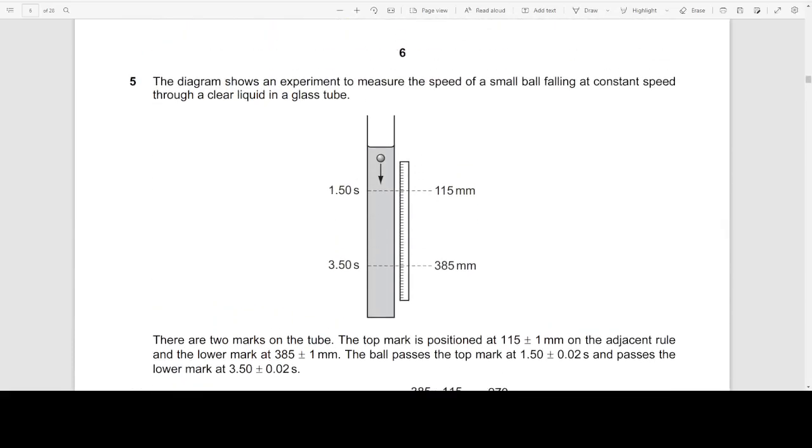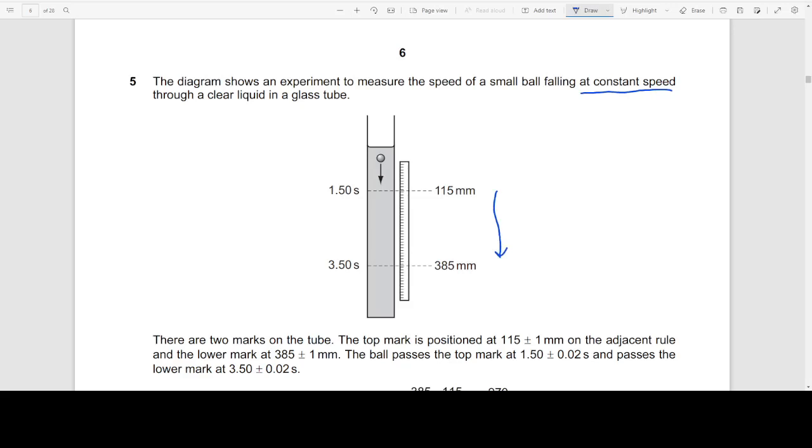Moving on, the diagram shows an experiment to measure the speed of a small ball falling at constant speed through a clear liquid in glass tube. There are two marks on the tube.